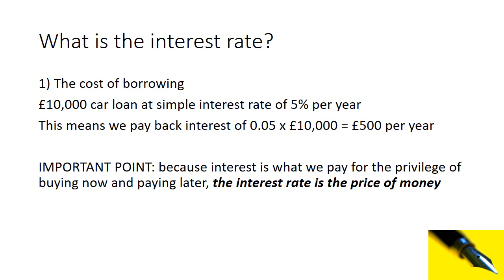The interest rate is the price of money, not the inflation rate. In this example, the price we pay for borrowing £10,000 today and not having to pay it back until sometime in the future is £500 per year. So the interest rate is the price of money.